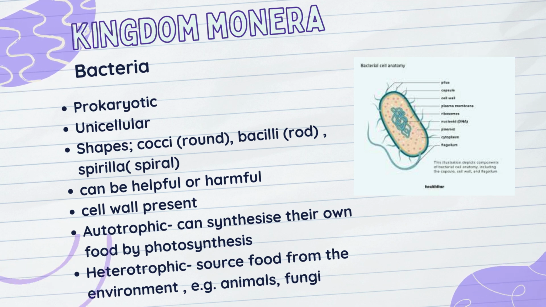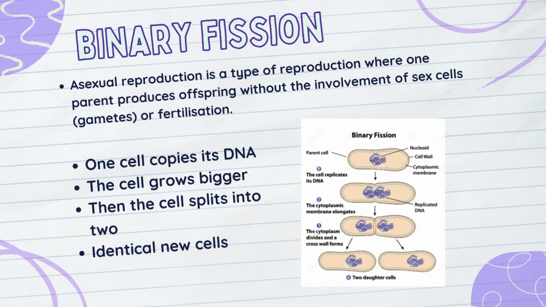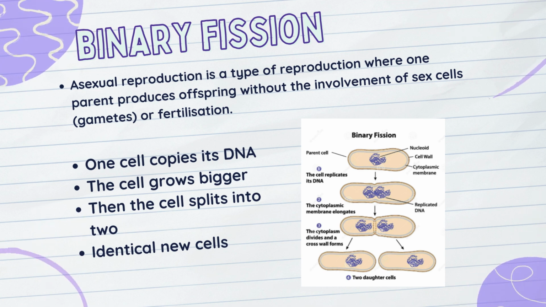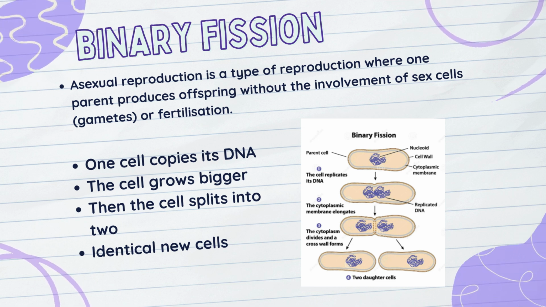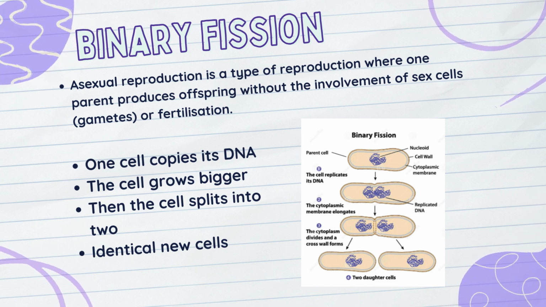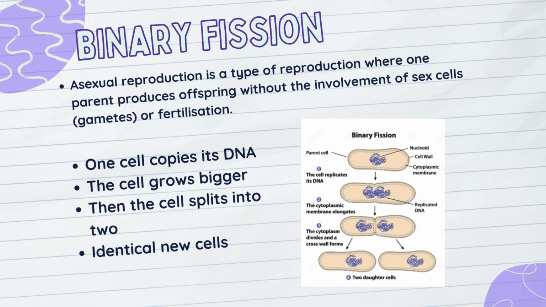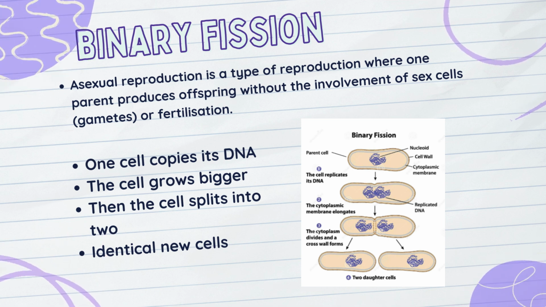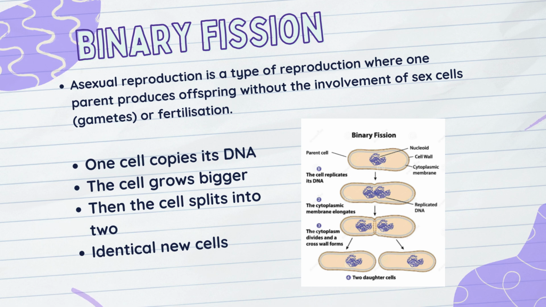They reproduce via binary fission, which is a type of asexual reproduction, meaning that the organism doesn't need a mate to reproduce, but instead it can reproduce by itself. What happens in binary fission is that DNA replication happens.